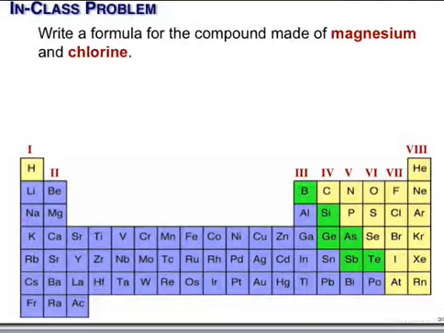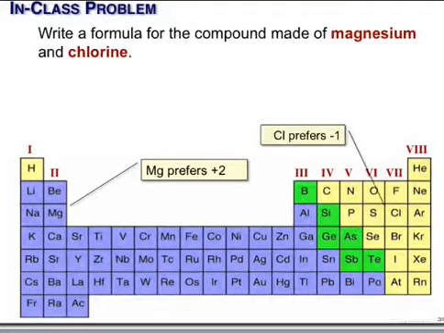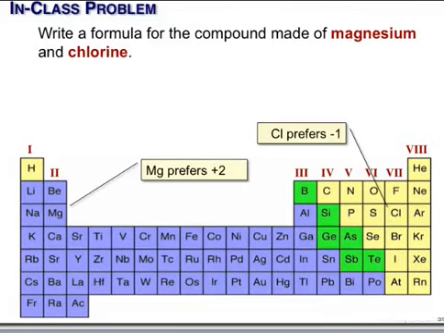Magnesium's here. Chlorine is in group 7, it's over here. Because this is group 2, this will be a +2 cation. Because we're over here at group 7, this will pick up 1 electron to get to argon, and that makes it -1. So we're dealing with a +2 and a -1.